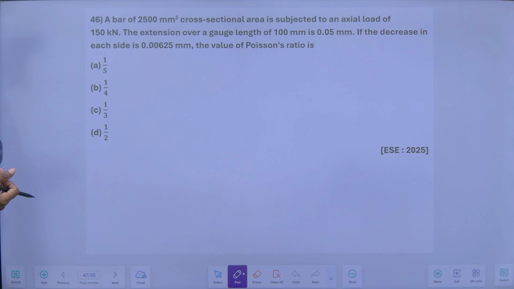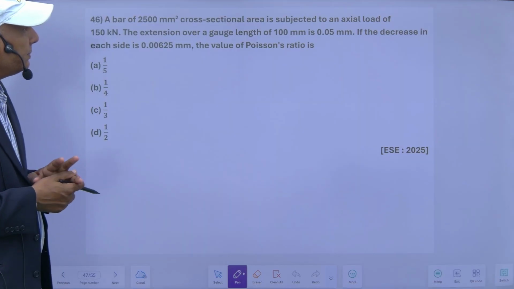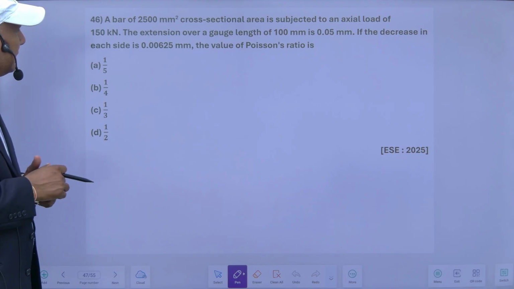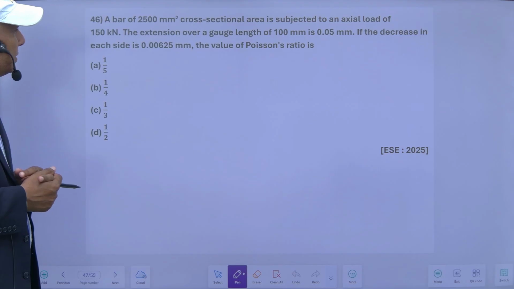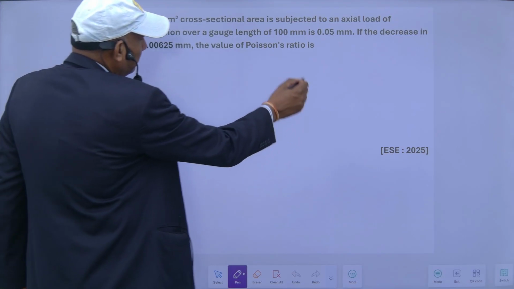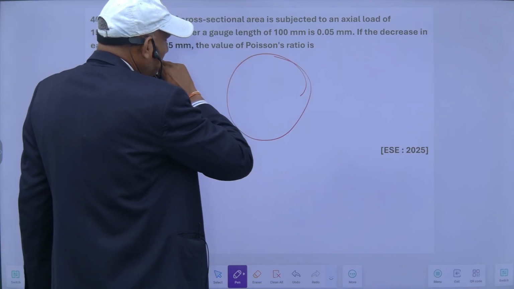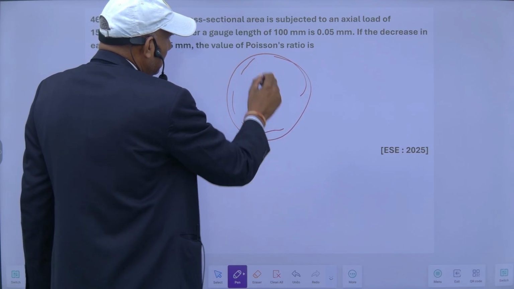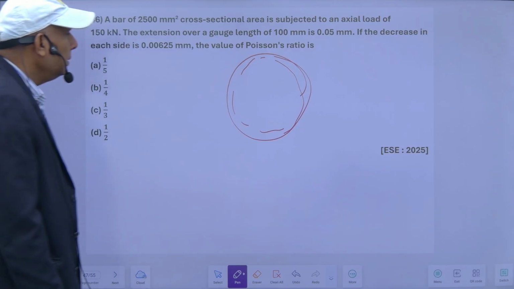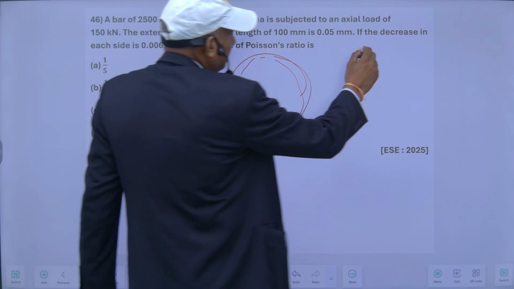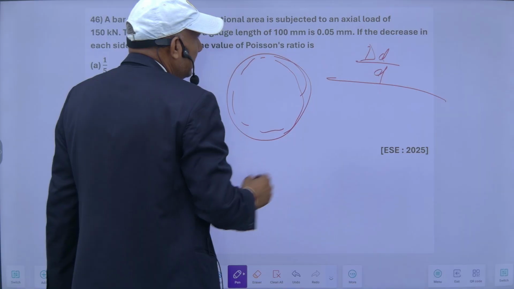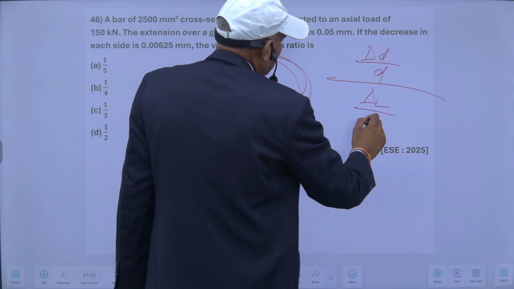A bar of 2500 mm square cross section area is subject to the axial load of this one. The extension on a gauge length of this one is given. If the decrease in each side is this one, the value of the Poisson ratio is this one. So in this direction, the change of dia upon original dia is the lateral strain, divided by longitudinal strain, which is change in length upon original length.